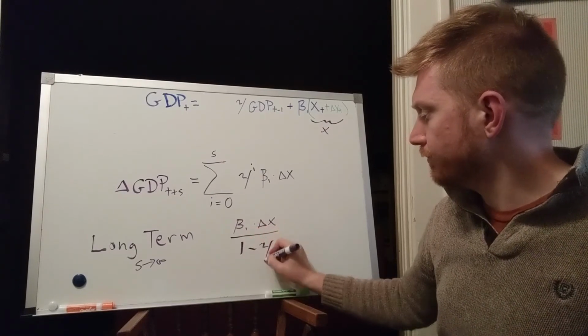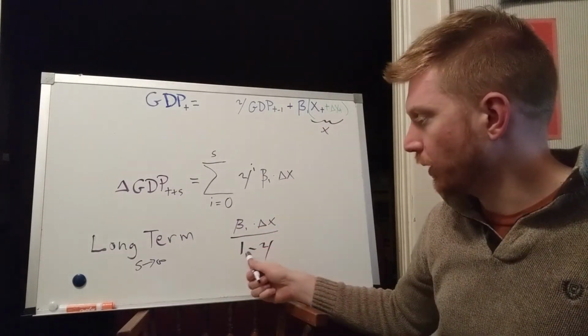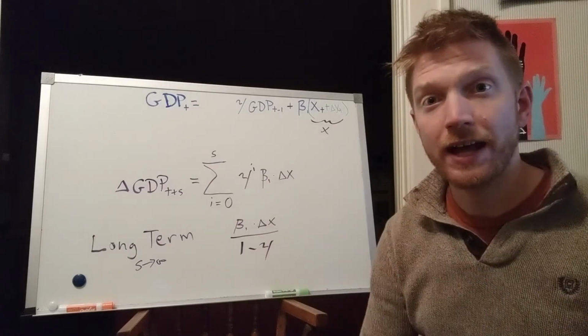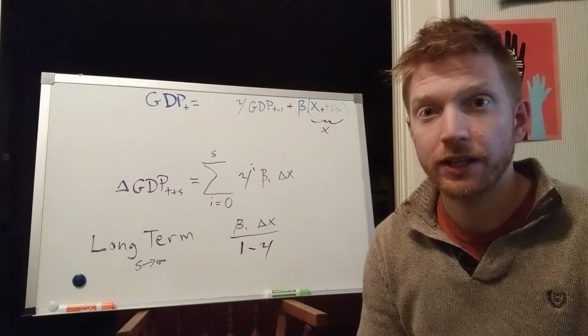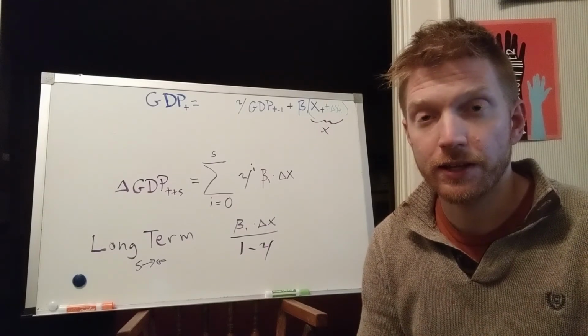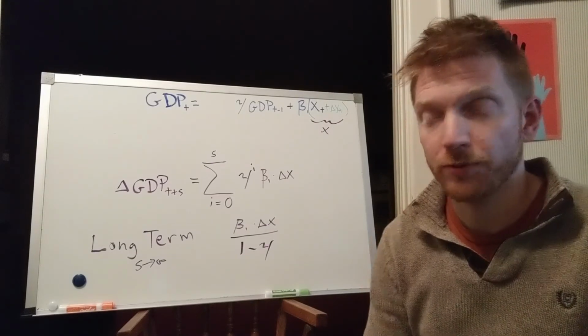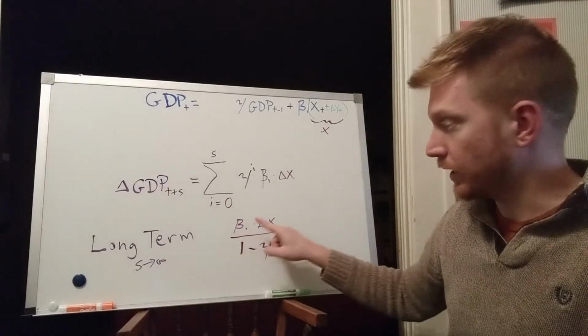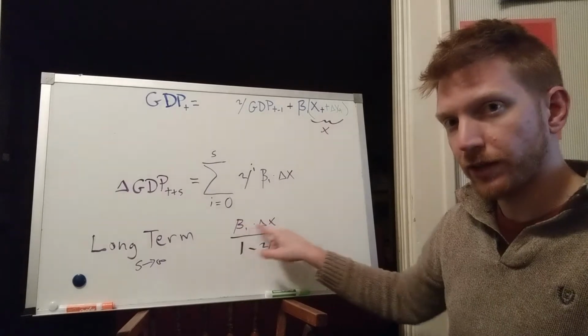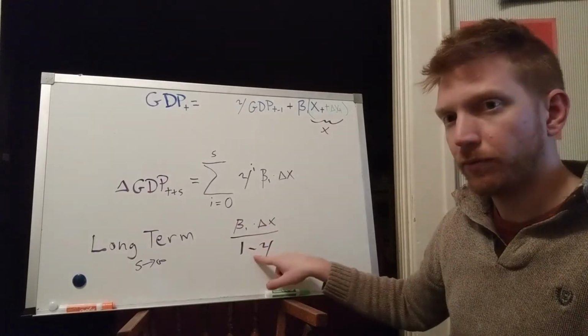And this sum will be divided by 1 minus gamma. That's how we calculated that 1,100 on the demonstration that was shown before this. It was 2 times -5, -2 times -5, divided by 1 minus gamma.